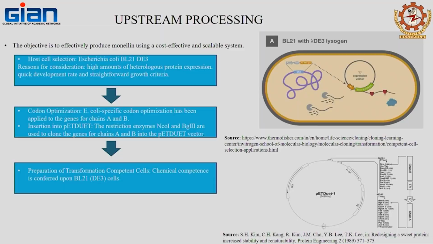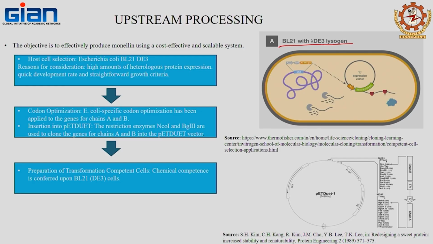Let's move on to the upstream processing of the protein. In the picture you can see the strain we have used, BL21 DE3, and below you can see the pET-Duet vector. This is the most cost-effective and scalable procedure we have found.